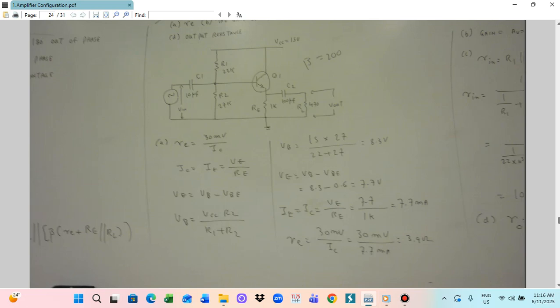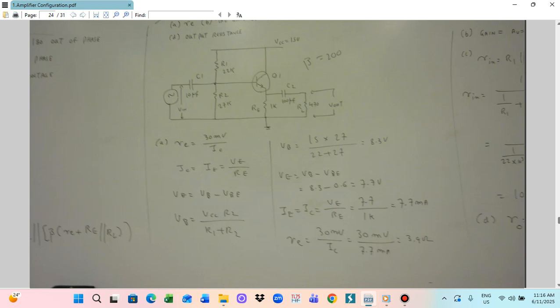Then you also need to calculate the IE and the IC. IE is equal to IC, which is VE by RE. VE is 7.7, and RE is 1 kilo ohm. So then we get 7.7 milliampere.